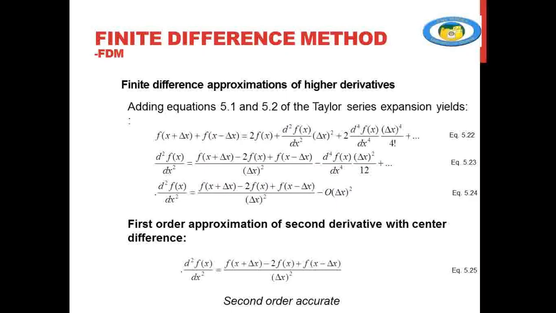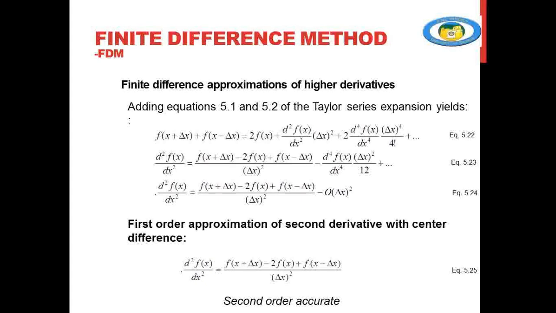So the second partial derivative would involve the value at i plus 1, the value at i, and the value at i minus 1. So the value at i plus 1 minus twice the value at i plus the value at i minus 1, and then divided by delta x square. That's along the x-axis, the second derivative with center difference.